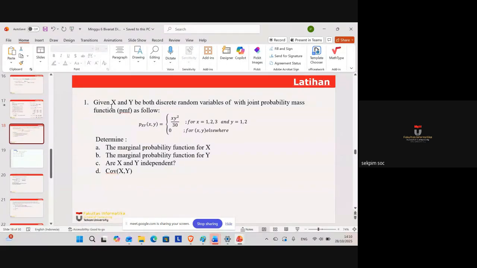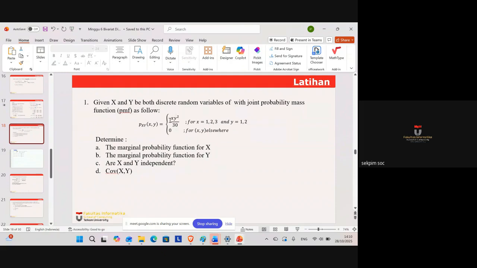So first, it's given x and y. It said here that x and y are both discrete random variables with a PMF, or probability mass function, defined like this. If it's a PMF, you can verify that it satisfies two properties.